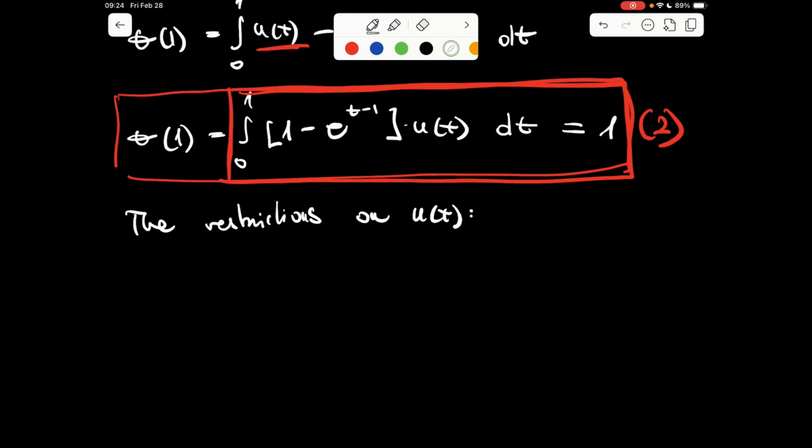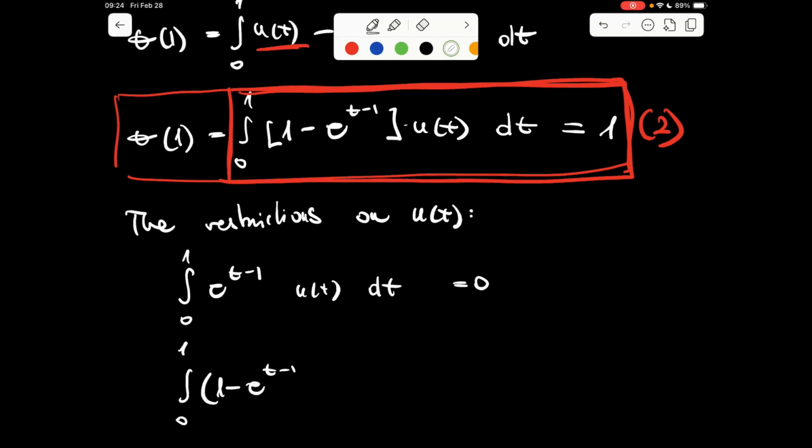so on the one hand, et minus 1 ut dt is 0, yes, and okay, so these are the restrictions we have on ut.